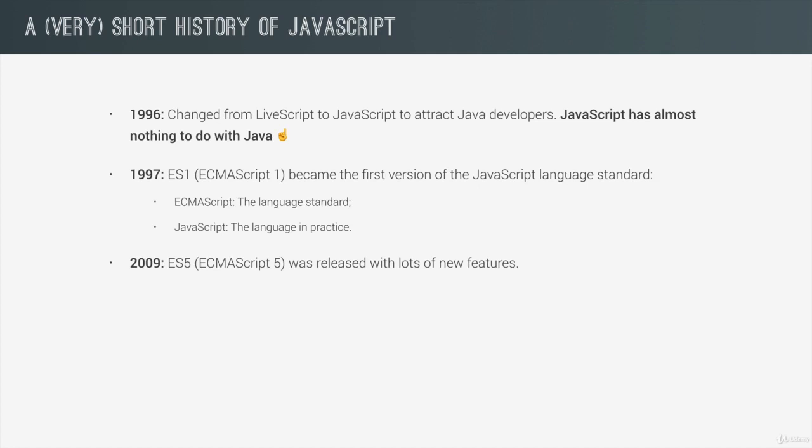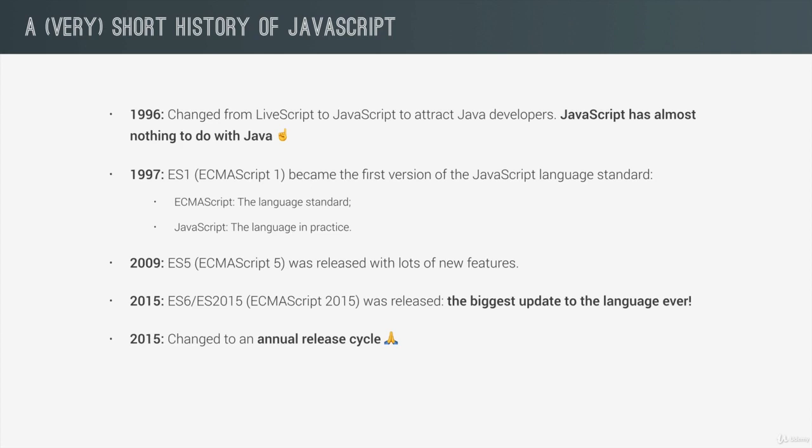However, it took many years for browsers to implement all these changes. And finally, the much awaited new version ES6 was launched in June 2015. It was the biggest update to the language ever, with a ton of new features. And this was, or still is, a really big deal for JavaScript and for the whole developer community. Now you will also see ES6 being called ES 2015, which is actually the official name. But most people just call it ES6, and so that's what I'm going to do here as well.